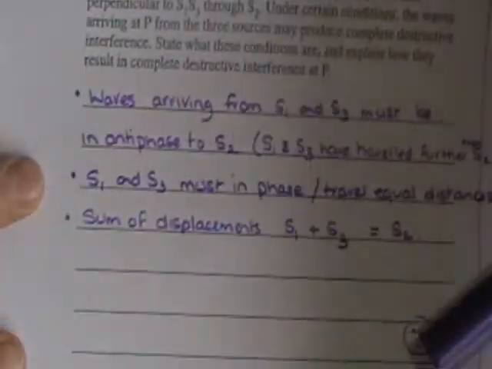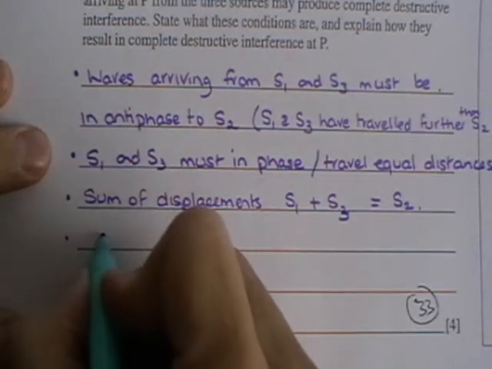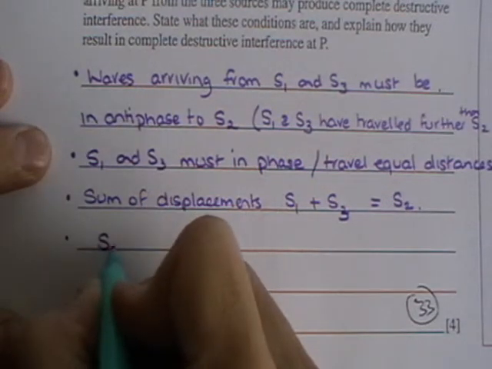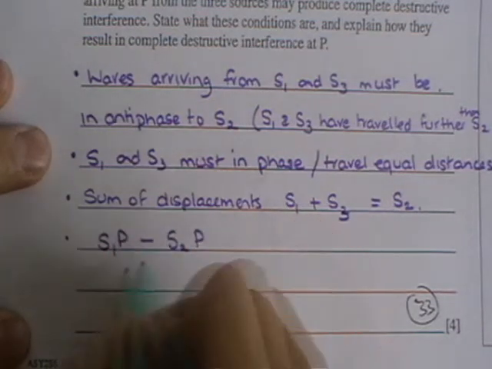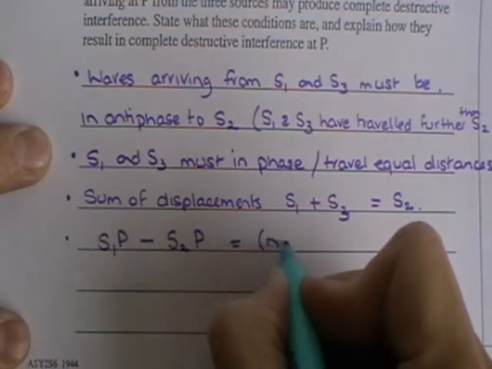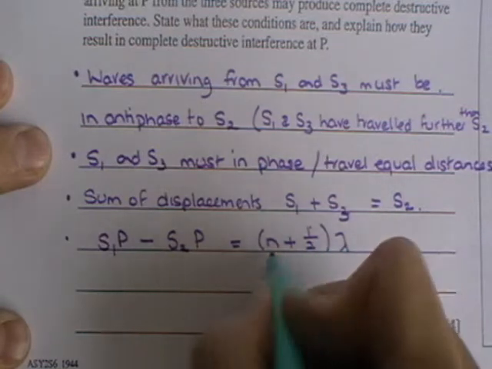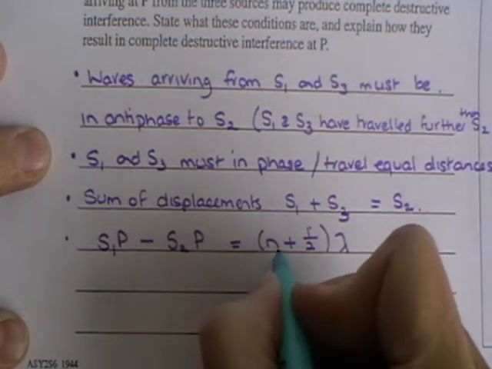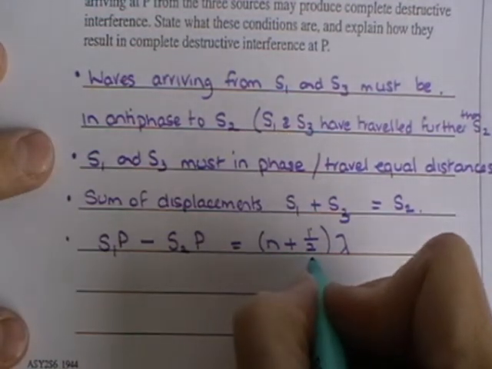And then the last one, and this is that the difference between the distance S1P and S2P, i.e. the extra distance that S1 has travelled, must be half a wavelength. And that's written as n plus a half times lambda. So the number of wavelengths that it's out of phase, it doesn't matter how many full wavelengths it is, it's a half wavelength that's important.